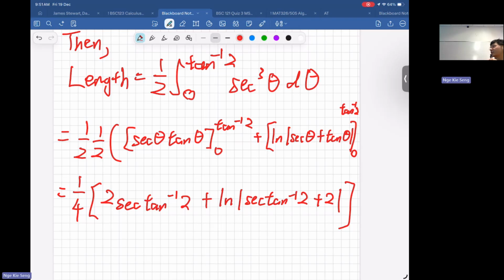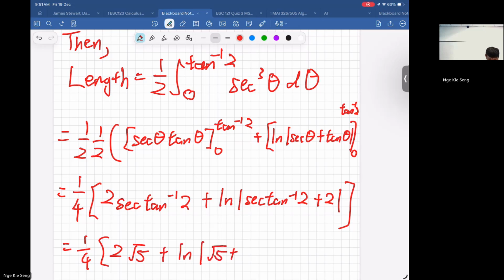So if we replace this by square root 5, what do we get? Let's see. Is this close to the solution? Is this close to the online calculation?